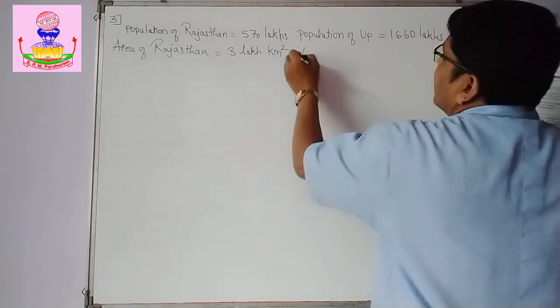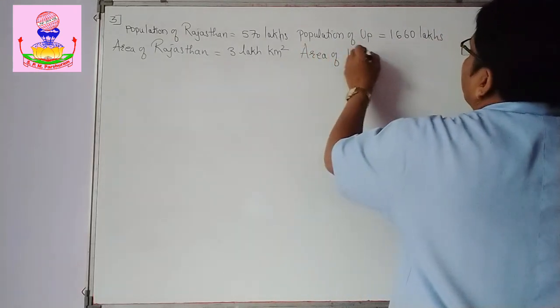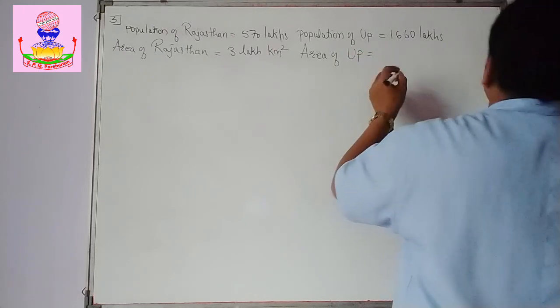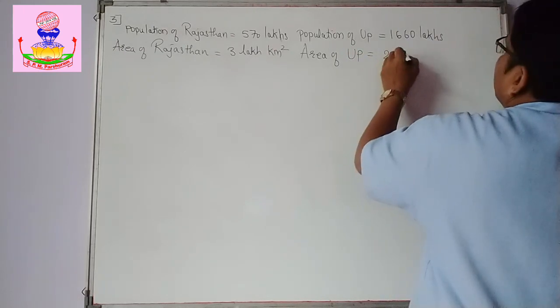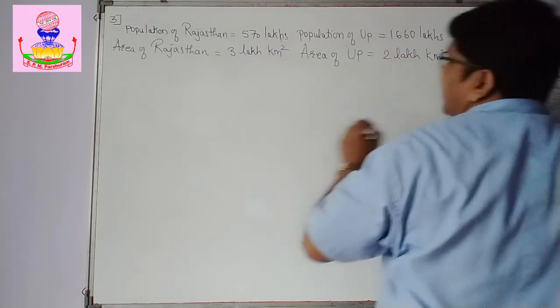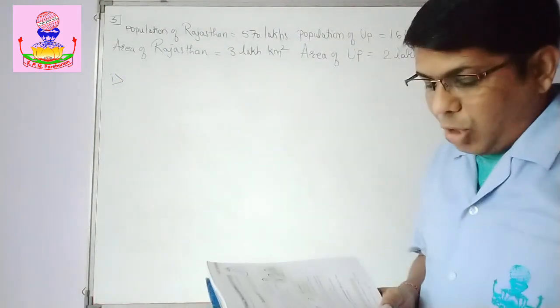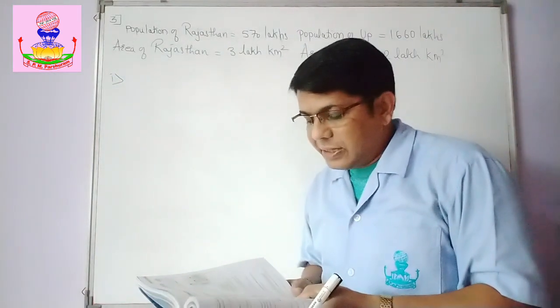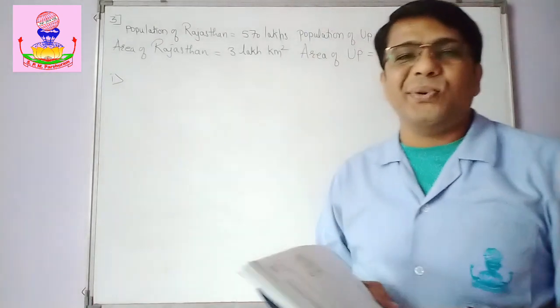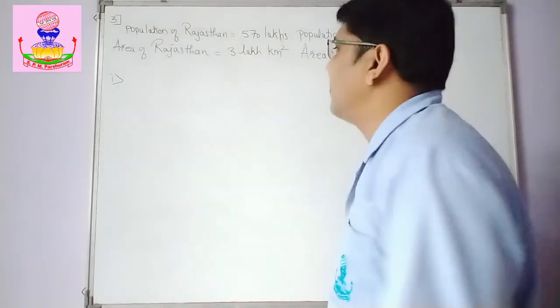And area of UP, how much is it? 2 lakh kilometers square. Now what is the first question? How many people are there per kilometer square in both these states?